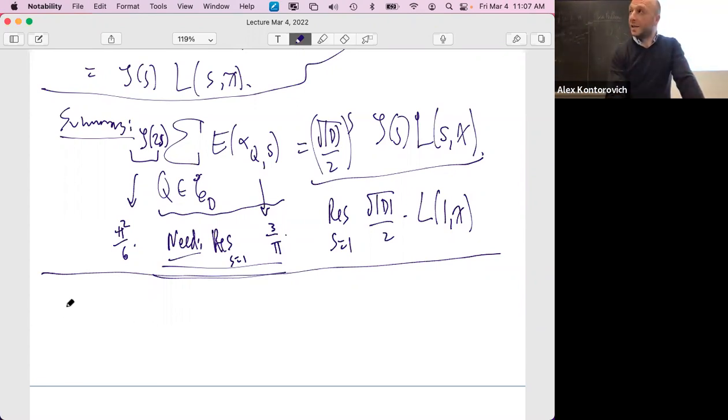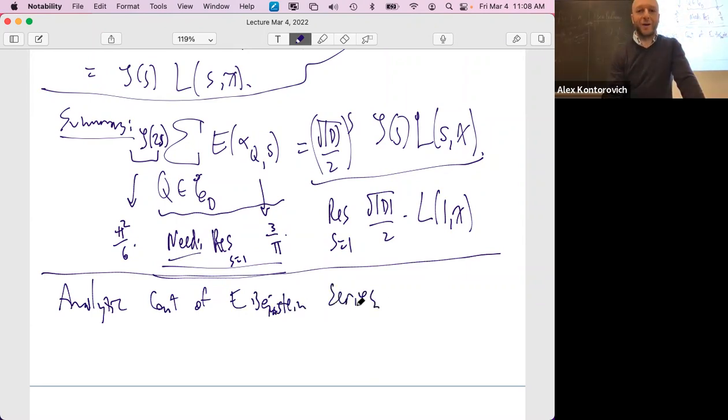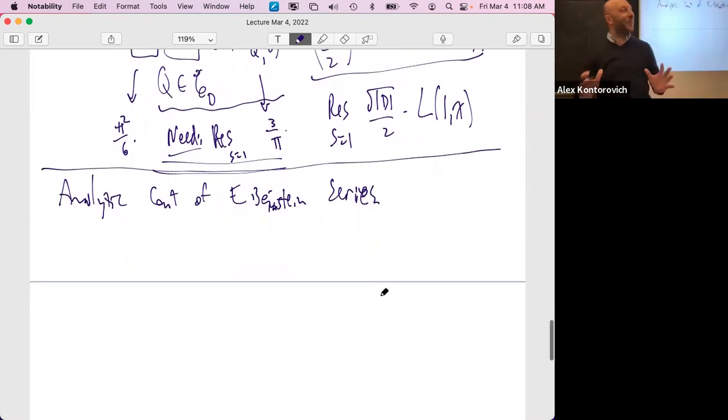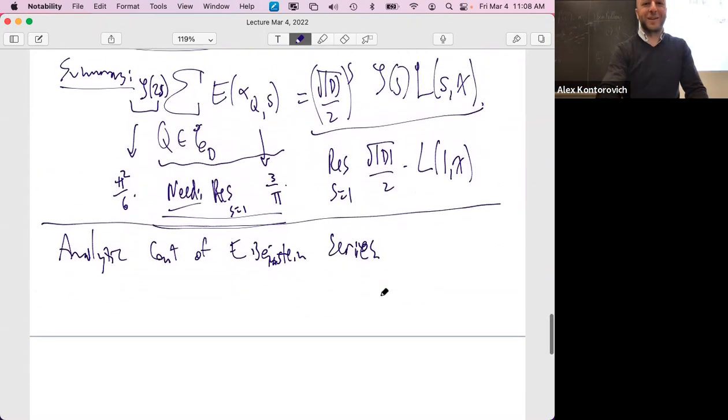I'd like to do two different proofs of the analytic continuation of Eisenstein series. Let's do the one that's in most books, which is by Fourier expansion. Then I'm going to see if we have time for the other; we're already a little bit behind from where I was hoping to be, but it's important to be able to do other ones.